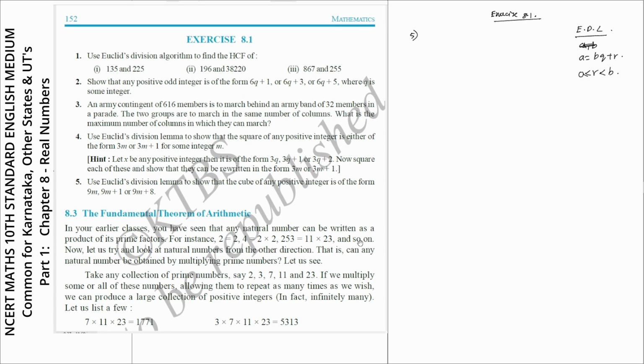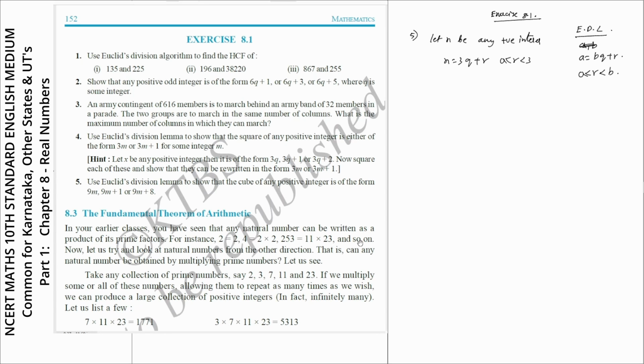Now let x be any positive integer. And 3 also is a positive integer, so I can write x is equal to 3q plus r, and r can vary between 3 and 0.